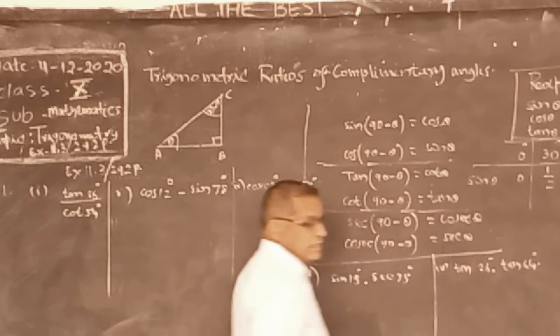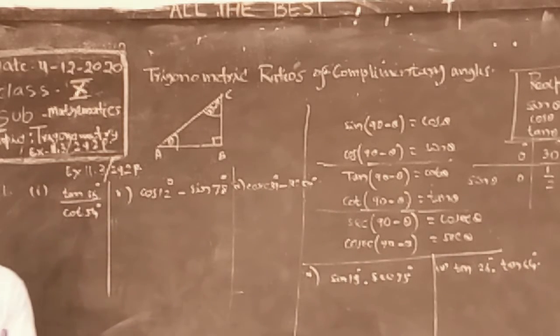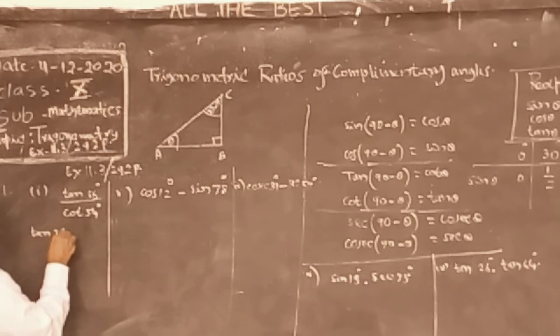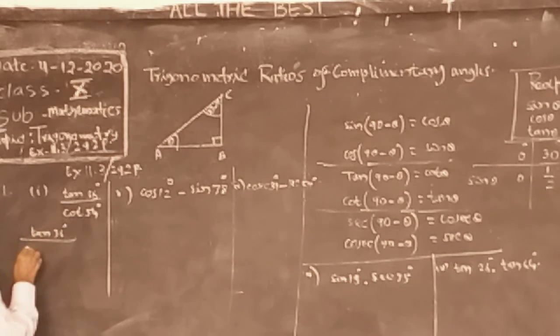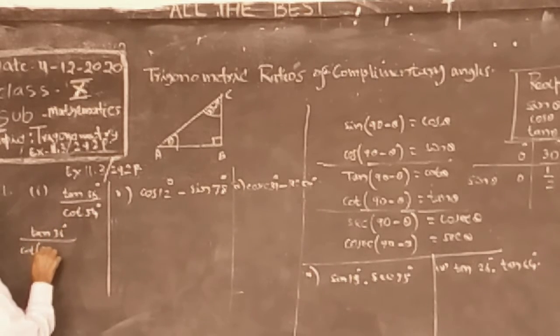See, these are complementary angles. Both are complementary, tan and cot. Tan and cot are both complementary angles, and 54 plus 36 is 90. So we can write tan 36 degrees by cot, how to write 54? 90 minus 36.